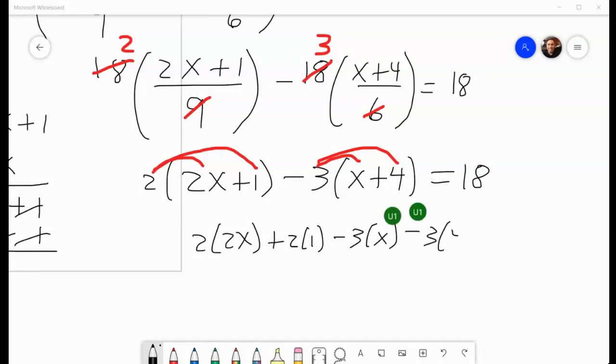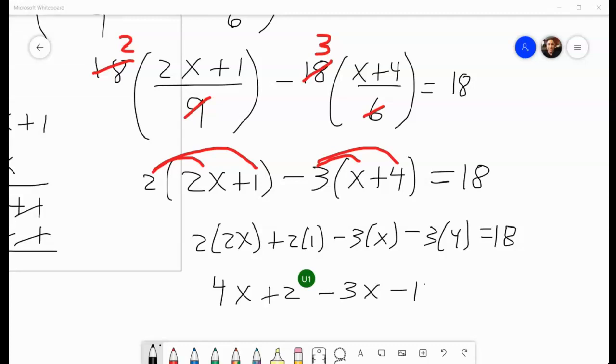That's why I'm writing minus 3 times 4. Okay? Can't forget the minus sign. Okay, so we get 4x, right, plus 2 minus 3x minus 12 is equal to 18.